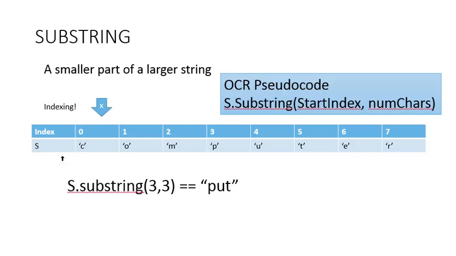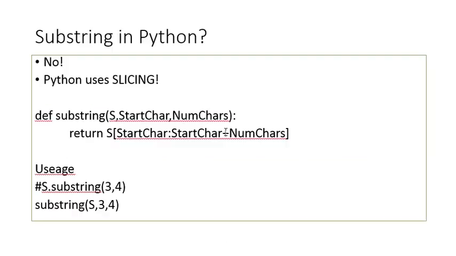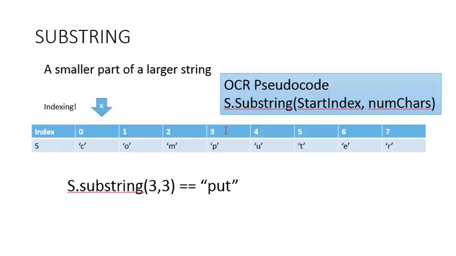The last concept we need to talk about is that of a substring. A substring is simply a smaller part of a bigger string. Now, OCR pseudocode defines a substring method, which takes two parameters: the start index and the number of characters. Let's have a look and see what this means. Substring start index 3 means go to character position 3.